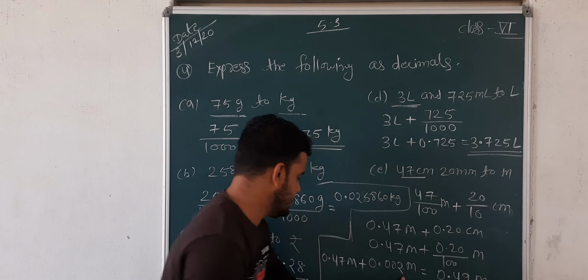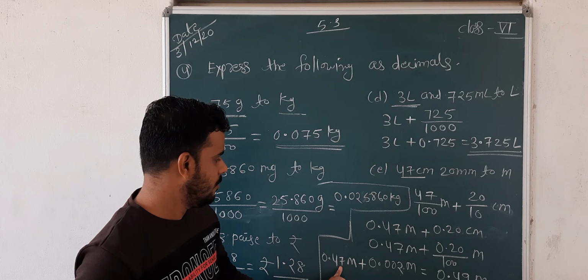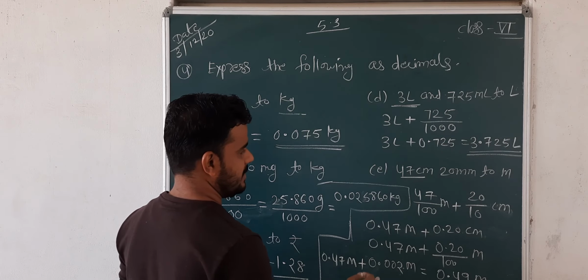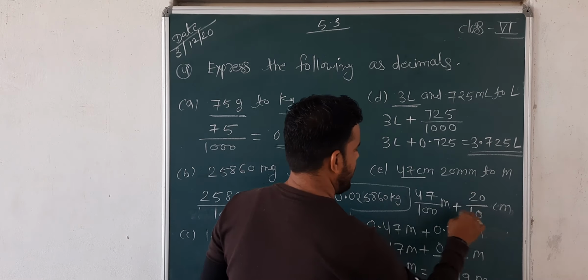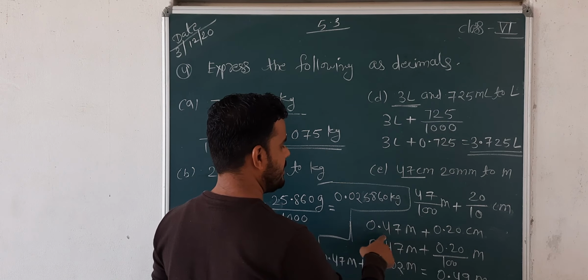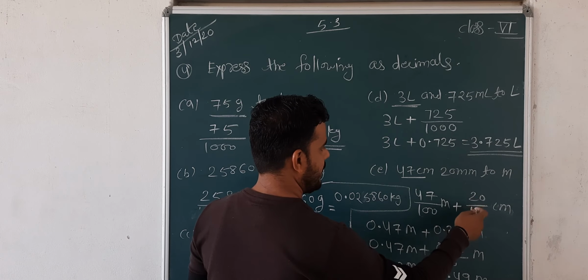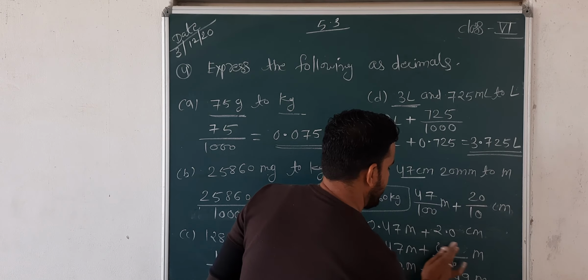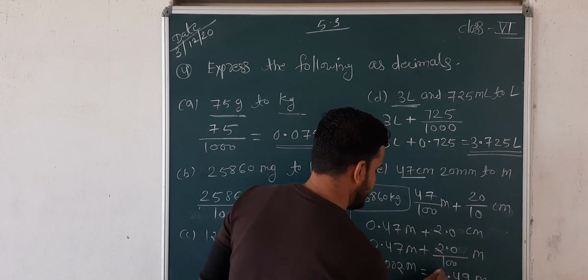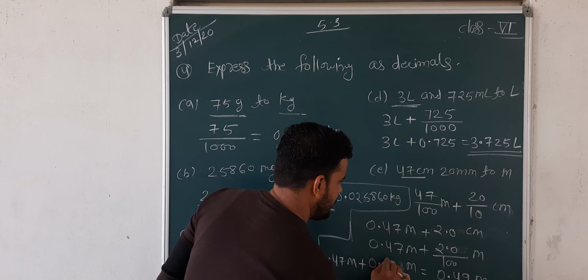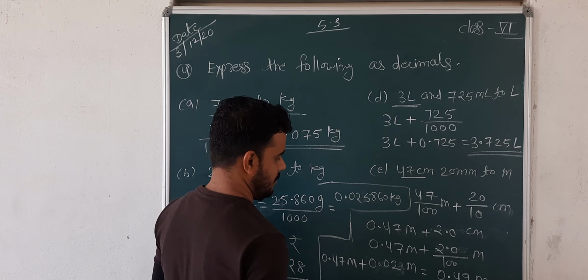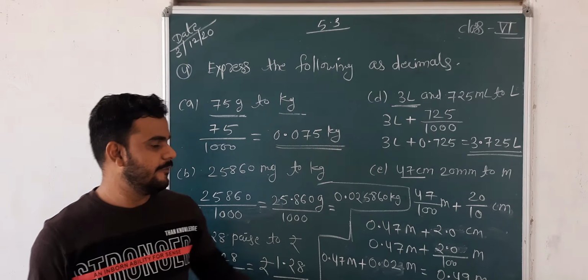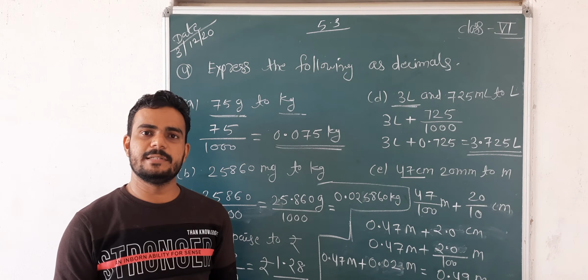Sorry, some mistakes happen here. 1 centimeter equals 10 mm, so 20 divided by 10 is 2.0. Then 2.0 divided by 100, the answer is 0.02 only. Then add both of these, and you get 0.49. So this is the way to solve this type of question.